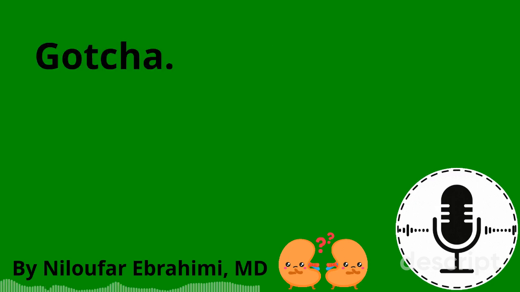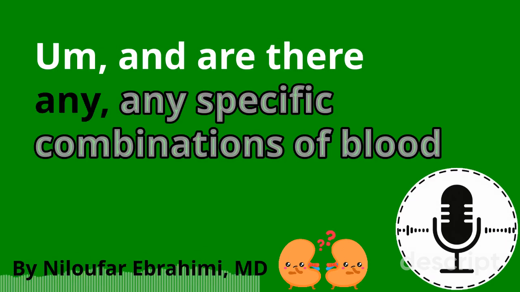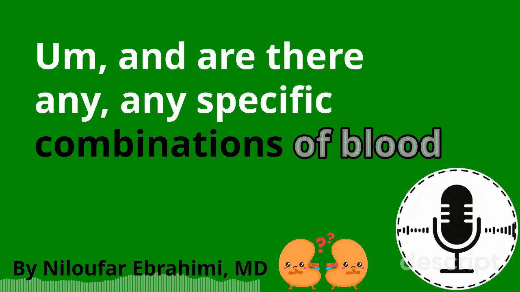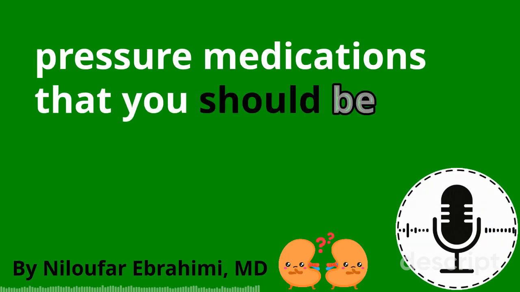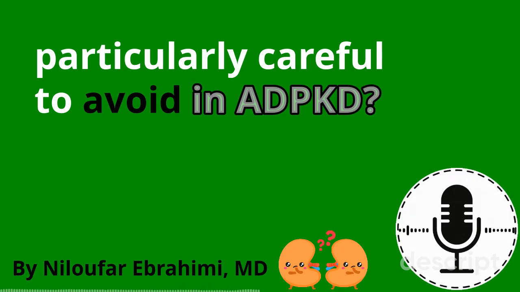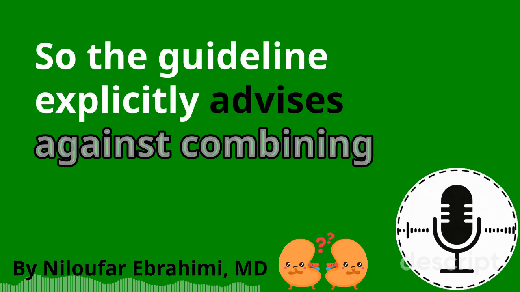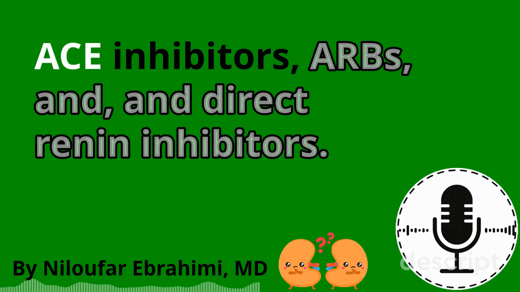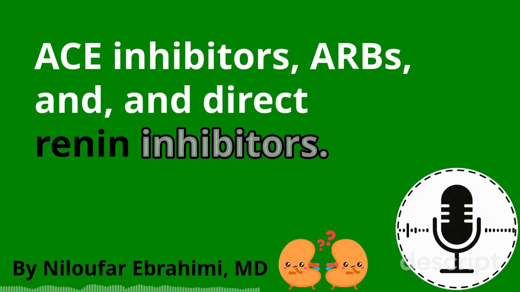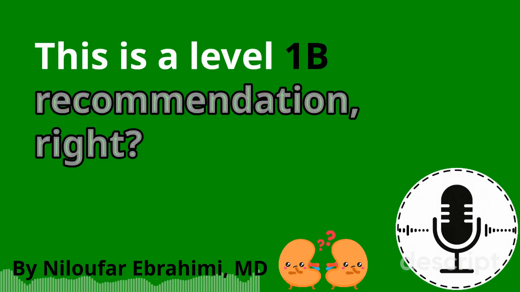potential kidney protection. And are there any specific combinations of blood pressure medications that you should be particularly careful to avoid in ADPKD? The guideline explicitly advises against combining ACE inhibitors, ARBs, and direct renin inhibitors. This is a level 1B recommendation.